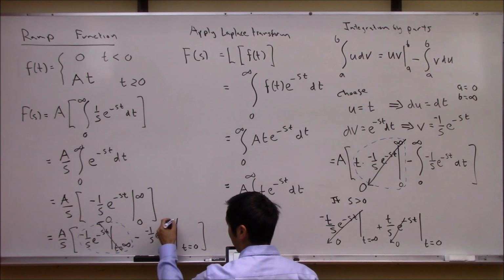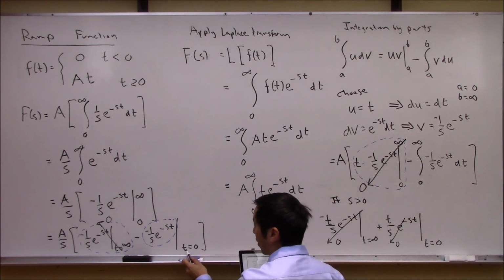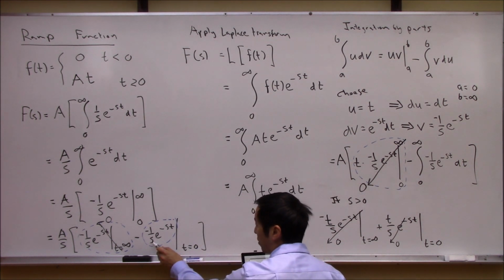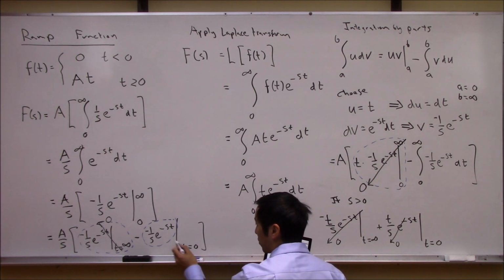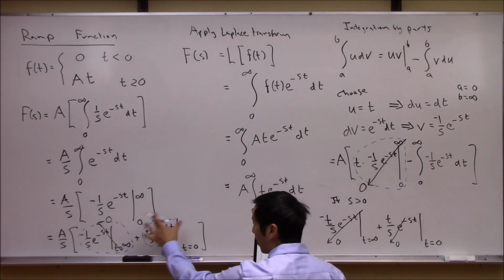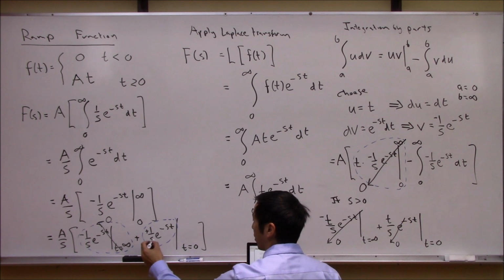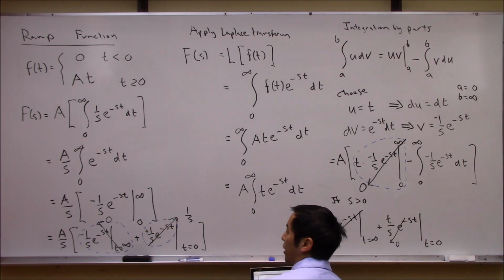Same thing, you look at this, s is not going to be 0, right? We made that assumption, and we said s is positive. So really, at time equals 0, the exponential goes to 1. This negative cancels with that negative. So this term turns into a 1 over s, right?